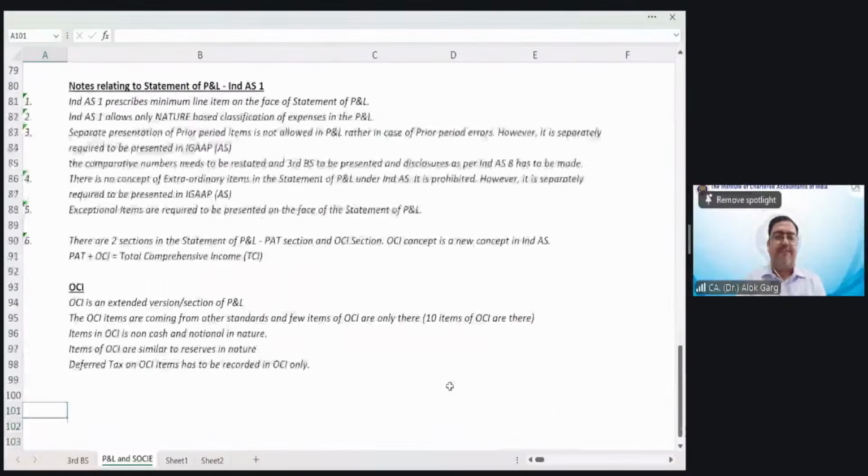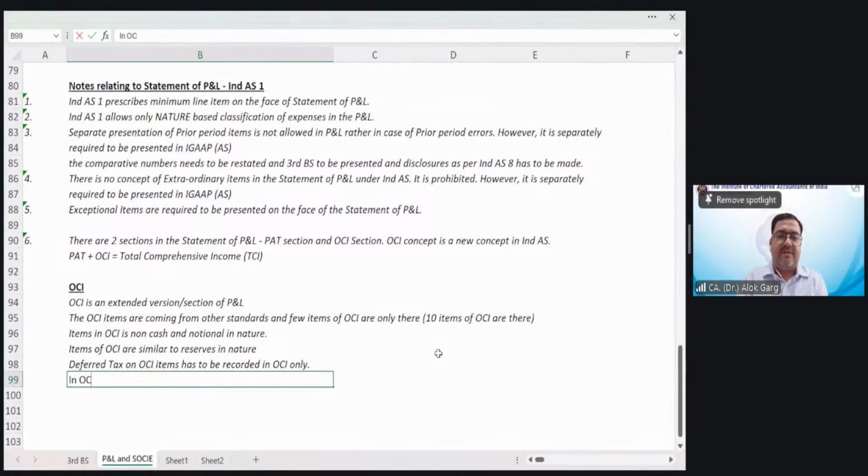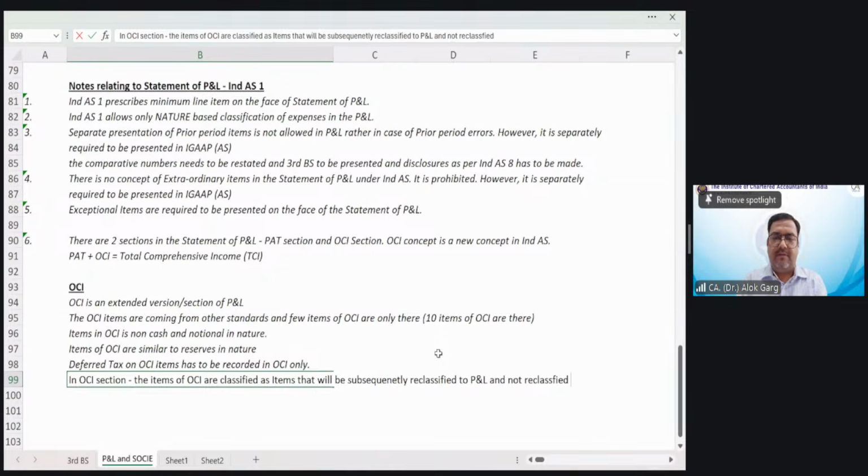Let me write in the notes. In the OCI section, the items of OCI are classified as items that will be subsequently reclassified to P&L and items that will not be reclassified through P&L.